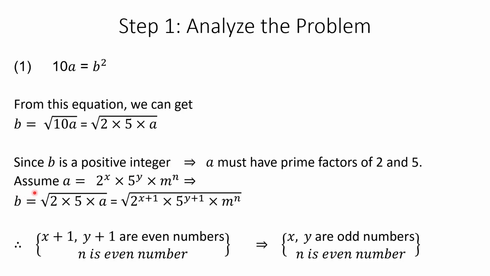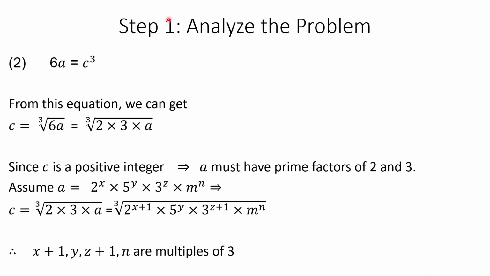Now b is equal to the root of 2 times 5 times a, which is also equal to, when we look at this times this, 2 to the power of x plus 1 times 5 to the power of y plus 1, and then we keep the n to the power of n, so times n to the power of n. And I'll note here that x plus 1 and y plus 1 are even numbers, and n has to be an even number, which also means x and y are odd numbers, and n is still an even number.